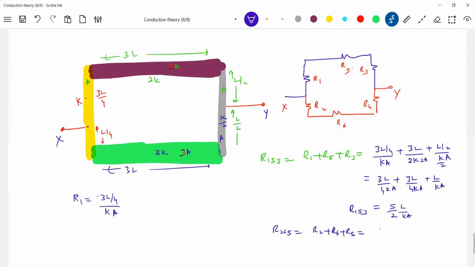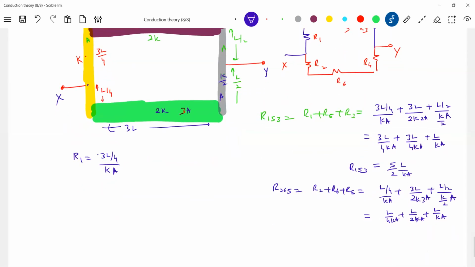Okay, this R2 will be L by 4KA. R6 is 3L by 2K, 3A. R5 is L by 2, K by 2, A. This will be L by 4K, L by 2K, L by K. This will be 1?